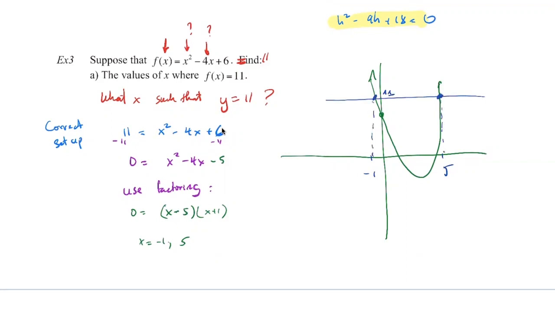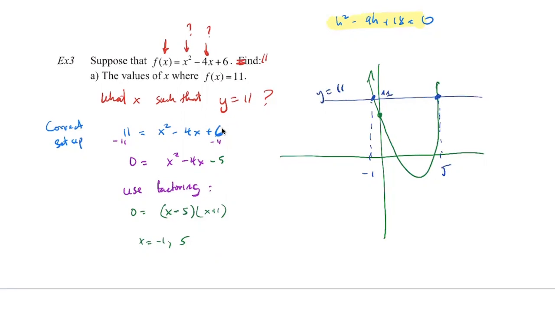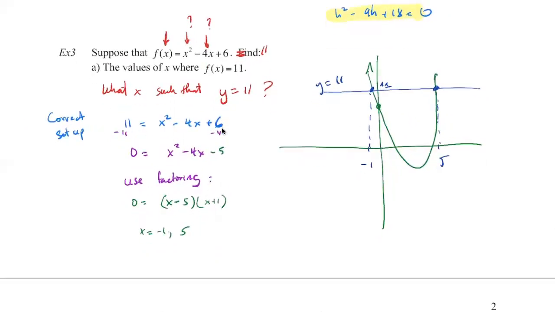That's what we just solved for: what value of x will yield, or correspond to, an output of 11. This may not be the exact graph, but you can see a quick visual of what the question is asking.